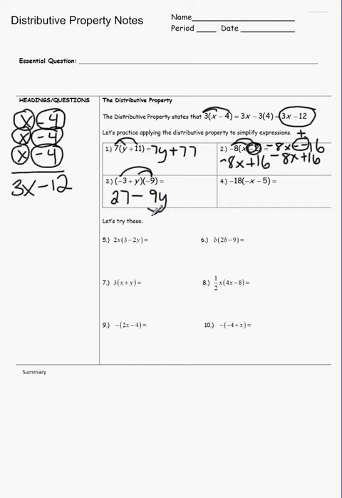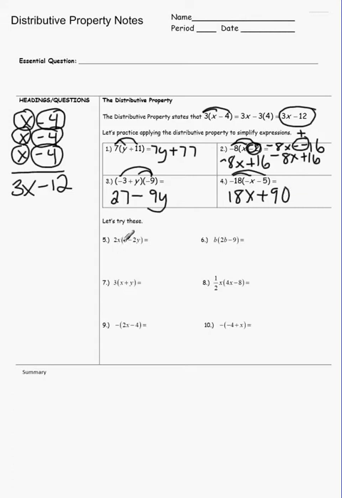So 27 minus 9y. Again, this could be plus negative 9y, but we want one symbol, so we're going to keep that as minus. Here we have negative 18 times negative x, which gives us 18x. And we have negative 18 times negative 5, which gives us 90. So we have negative 18x plus 90.